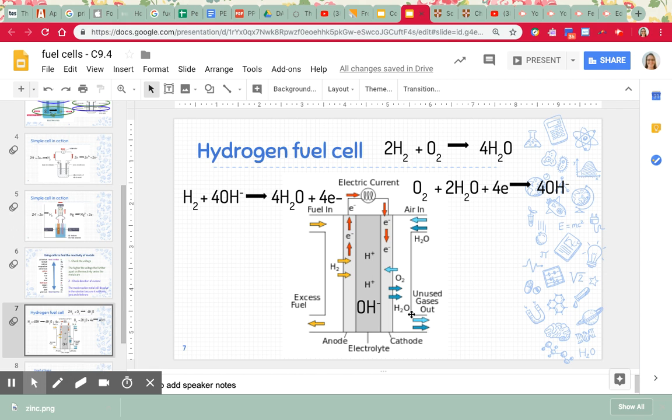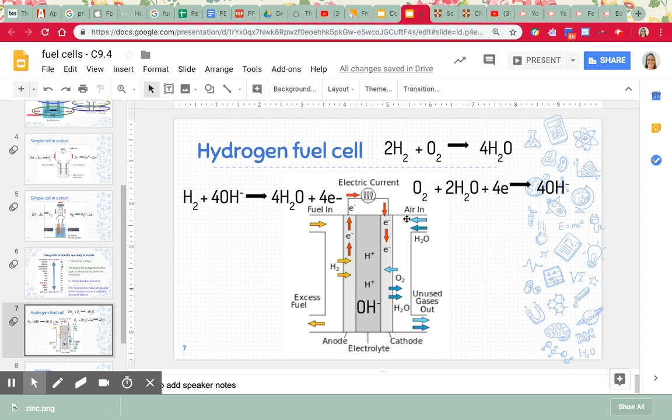So the OH minuses here are being replenished, but the water, which is the overall reaction up here, with 2 hydrogens coming in from the fuel source, reacting with the oxygen that goes here, is making water which comes out here. So that's all you really need to know: hydrogen comes in, it reacts with the OH minus ions in the electrolyte.